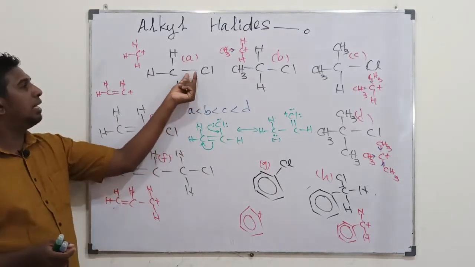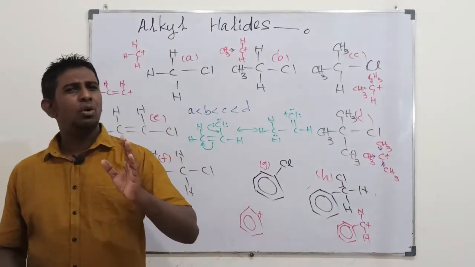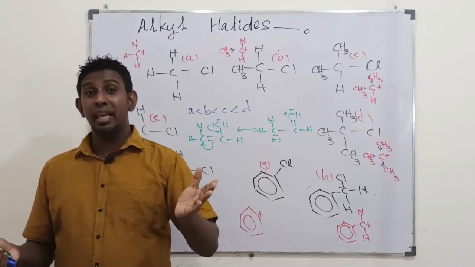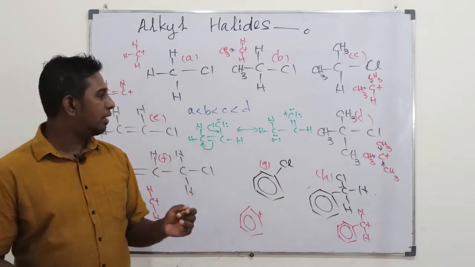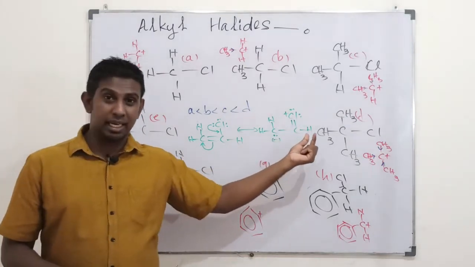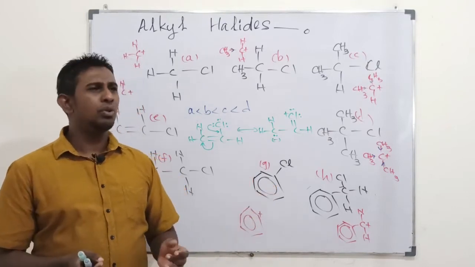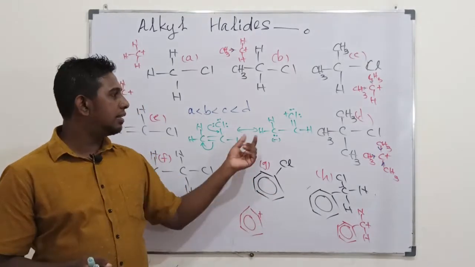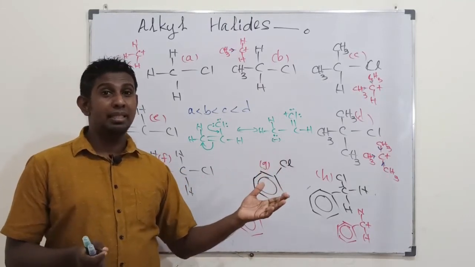In all those other cases, leaving here, here, here and here, they have carbon chlorine single bonds. But in this resonance structure, you have a carbon chlorine double bond. Both of these are possible at the same time.